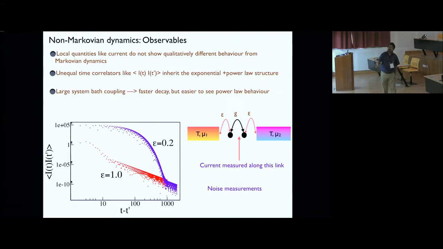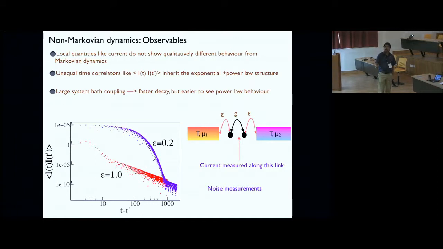And at large times, here are two plots for I(t)I(t') in the same system, where you are looking at what happens as you crank up the system-bath coupling, and you see that you start getting power laws much earlier, but also the decay is of course faster simply because you have cranked up the system-bath coupling. So this is what would happen as you crank up your system-bath coupling in terms of some observable like the current correlator, which can probably be measured from noise measurements.